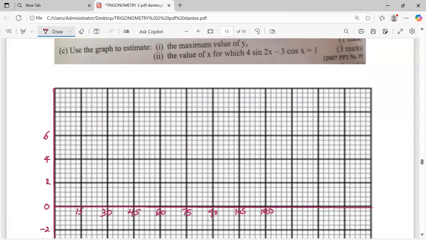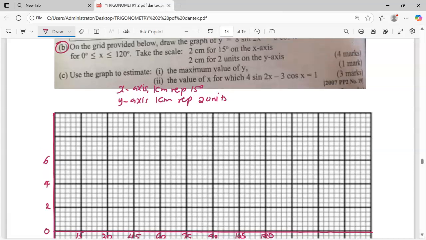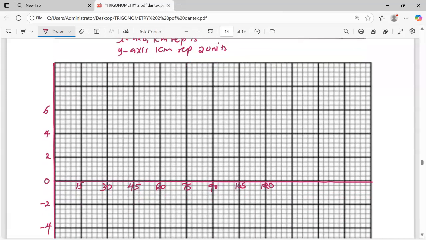In this case, I will be forced to use a different scale: on the x-axis, 1 centimeter represents 15 degrees, and on the y-axis, 1 centimeter represents 2 units. But I always said that anytime you are given the scale to use, the grid that will be provided will cater for that particular scale. Make sure you stick to that particular scale anyway.